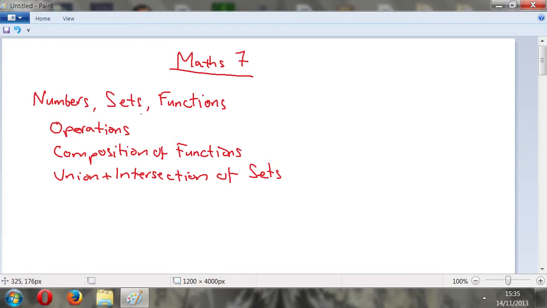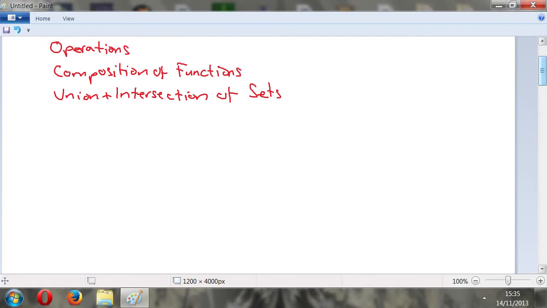Now, obviously, in algebra, we deal with x and y and all this stuff, and we can call these dummy variables. So they're simply a means to an end.